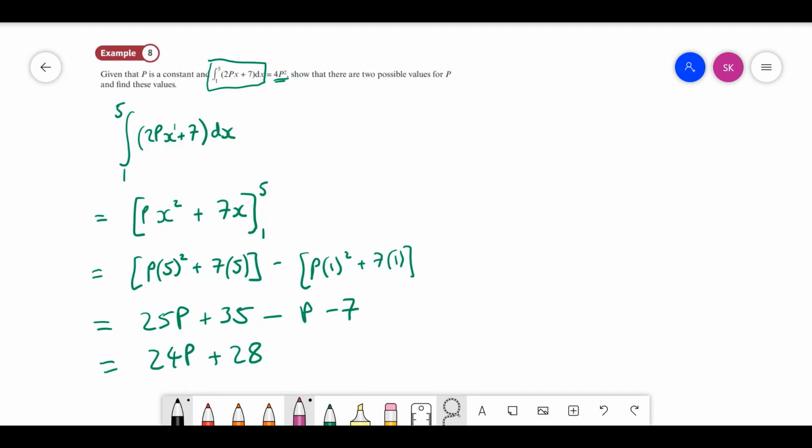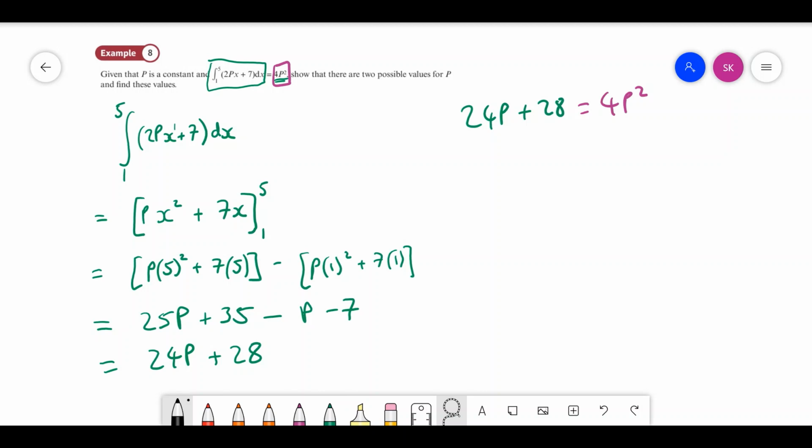Now I'm told that is equal to this. So let's set up an equation. 24p plus 28 equals 4p squared. Now we have to show there are two possible values for p and find these values. To show there are two possible values, you'll notice I have a quadratic here.